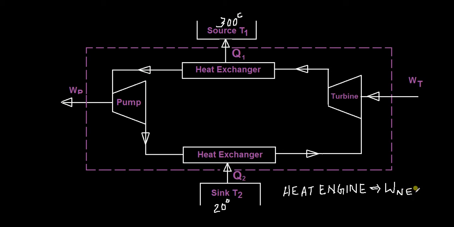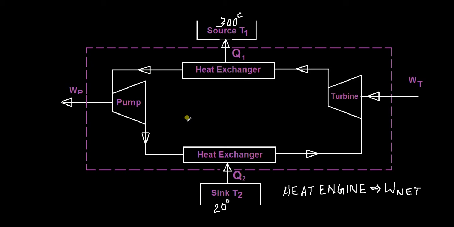Whereas if you reverse as shown in this diagram, it will take heat from a low temperature source and reject heat to a high temperature source and consume net work. So it will not produce net work, it will consume net work, but the heat transfer will be from a low temperature sink to a high temperature source. So the name will change slightly.